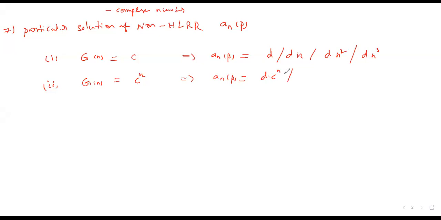Suppose d into constant power n satisfies the equation, okay. Otherwise, immediately you can take dn into c power n. Suppose this satisfies the equation, okay. Otherwise you can take dn square into the constant power n. Otherwise similarly dn cube into constant power n. This is the case 2.